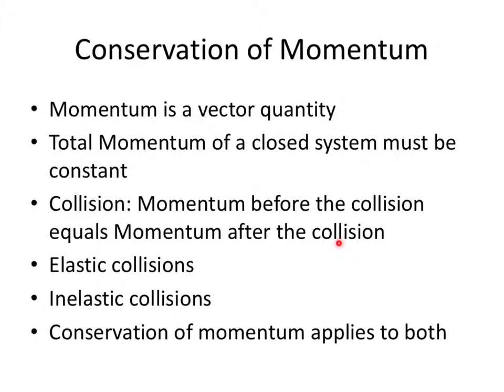Now, we can classify collisions as being elastic, first of all. A good approximation of an elastic collision might be when you have two pool balls colliding with each other. When they collide, there is a very minimum amount of deformation of the surfaces. In other words, the pool balls don't noticeably squash, they don't deform at all.